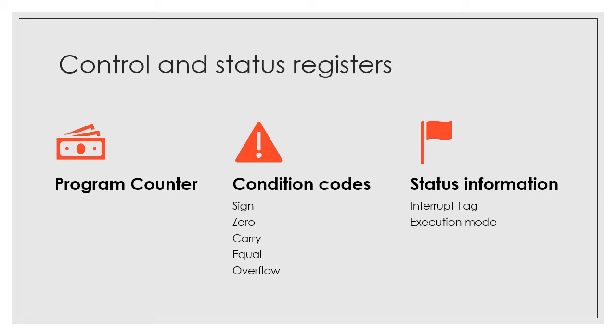Status information refers to the value of the interrupt flag, which would determine if interrupts are enabled or disabled during execution, and the value of the execution mode bits, which would determine if the processor is in kernel mode or user mode right now.